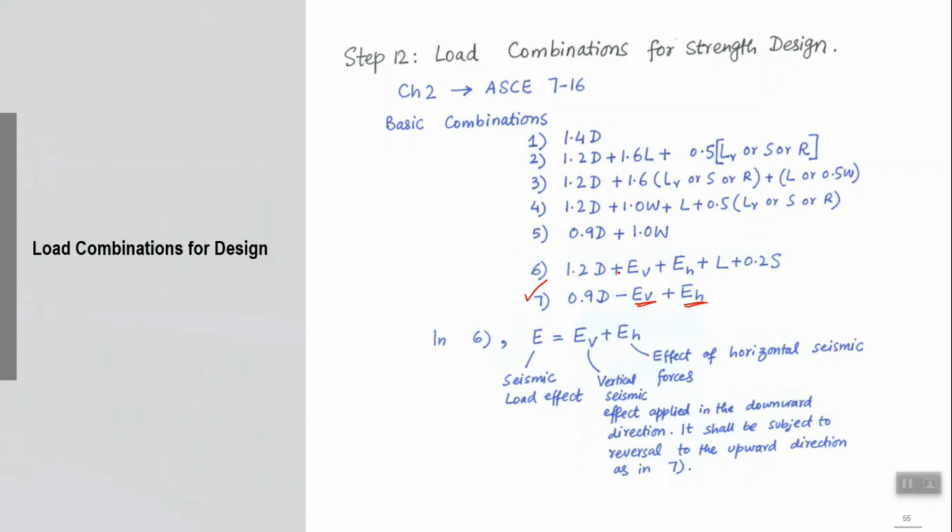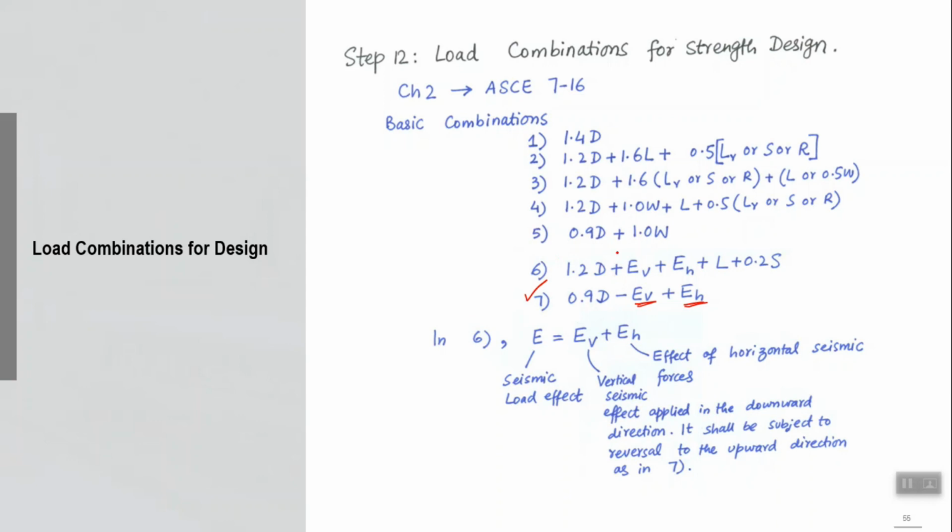So, there is one load combination number 6 which has positive EV and 7 has minus EV. So, the reversibility of the vertical earthquake component is accounted for already when we separately make load combination 6, separately make load combination 7, and then design based on the critical governing load combination.